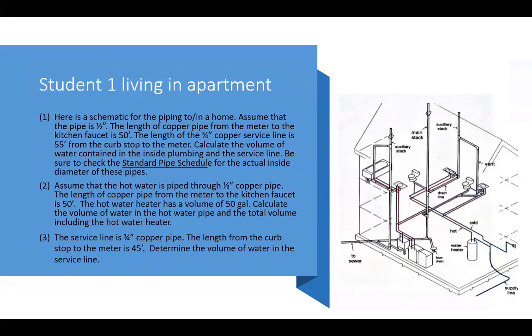If you want to try and do the measurements, you're more than welcome to do that, but I designed this so that you didn't have to, because it's so much more difficult to do in an apartment. If you're living in a duplex, you can do the same set of experiments as someone living in a single family home, because your duplex is essentially plumbed very much the same way.